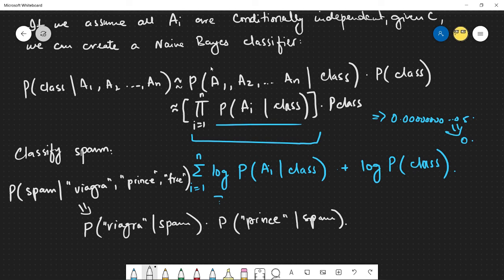Using this naive approach of saying that your attributes are conditionally independent creates a set of calculations that are very easy to compute. You're not going to be using a lot of probabilities as you would with joint probabilities, and adding this log transformation also helps a lot.